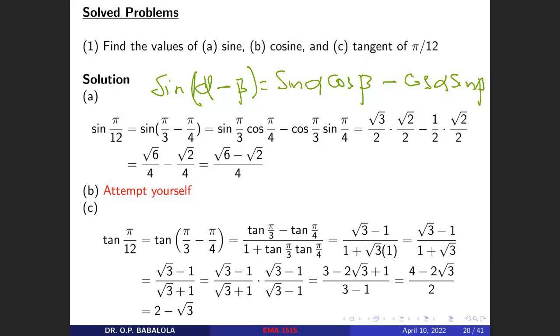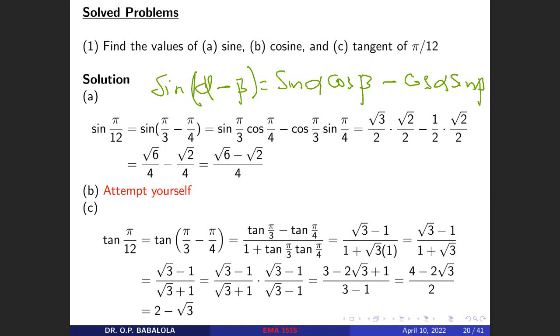That's sine pi over 3 is root 3 over 2, times cos pi over 4, which is root 2 over 2, minus this, and then you solve, and then you get your final answer. You can express this in the simplest form using your calculator. Your answer will be correct. I'll mark you right. Otherwise, if you want to leave it in the short form, you are still correct.